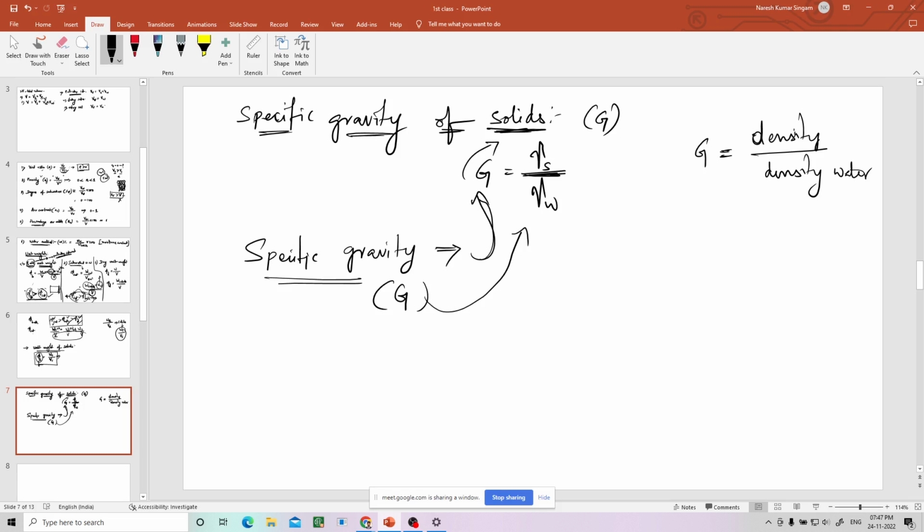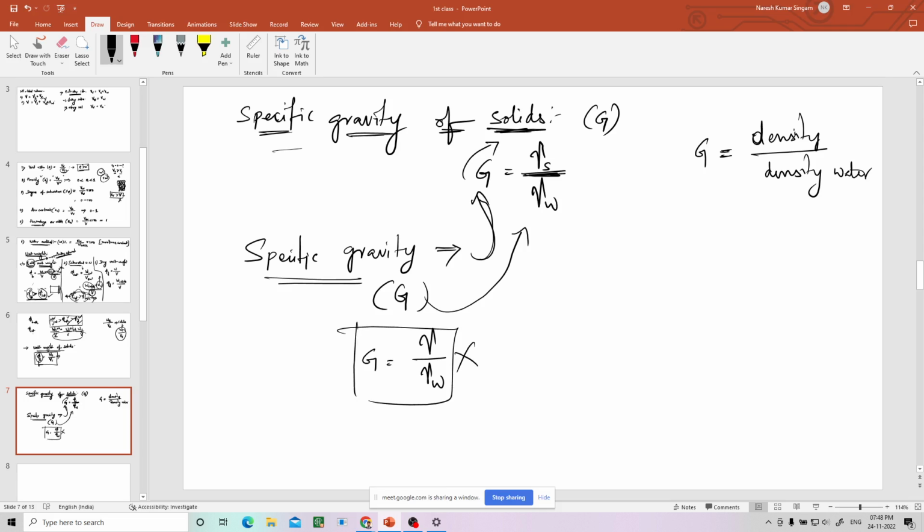So if you want to know the specific gravity of soil mass, then that is G equal to gamma by gamma W, where gamma can be gamma bulk, gamma saturated, gamma dry, it can be anything. But we don't use this.